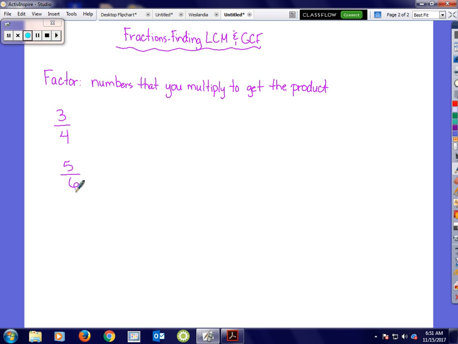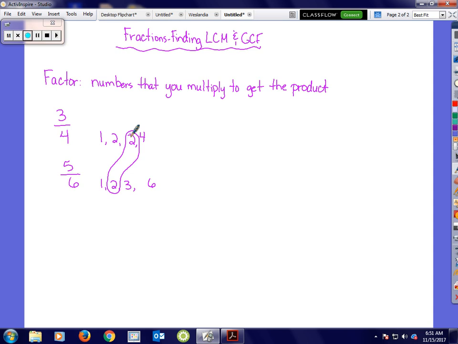If I want to find the greatest common factor, what I need to do is go, okay, 1, 4, 2, 2, and those are my factors. For 6, I can go 1 times 6, I can go 2 times 3, 4, nothing, 5, nothing, then 6. So then my greatest common factor is going to be 2.